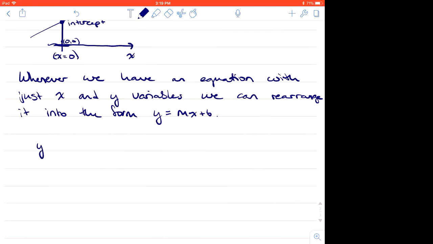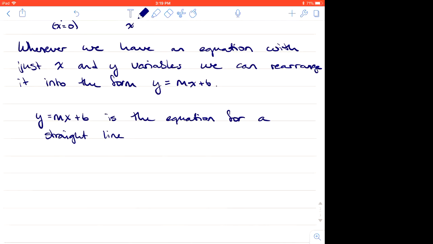Just a little note, y equals mx plus b, we said, is the equation for a straight line, also called a linear equation. Linear meaning straight, a line.